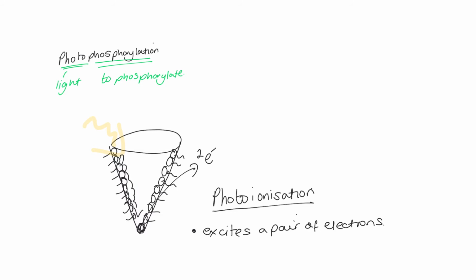So you might just want to take a moment to remind yourself of the structure of a chlorophyll molecule. So we know that a chlorophyll molecule has a porphyrin ring as its head, and in the center of the porphyrin ring it has its magnesium ion, and then it has this hydrocarbon tail. And we know that the hydrocarbon tail is embedded in the membrane, and then the head sits on the surface of the membrane.